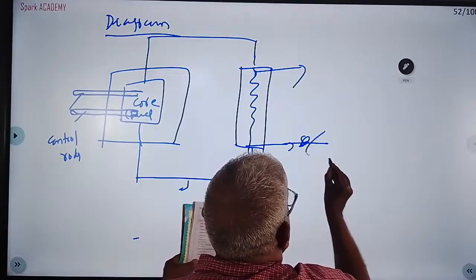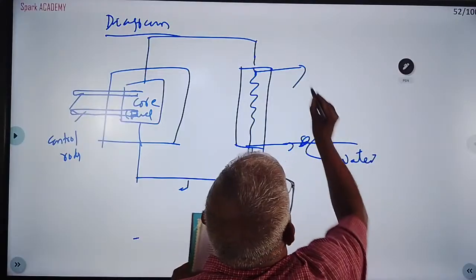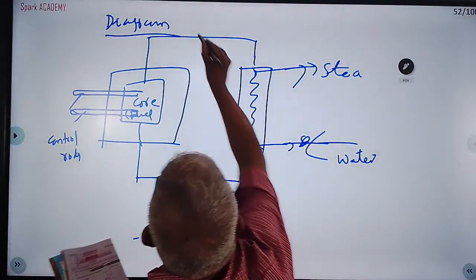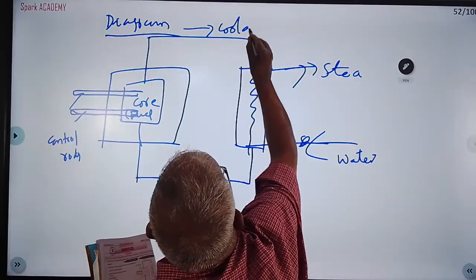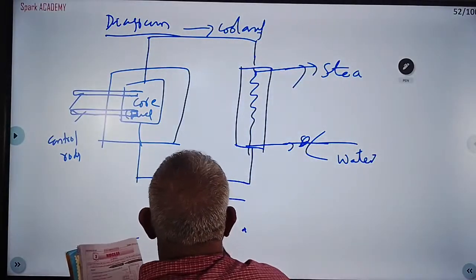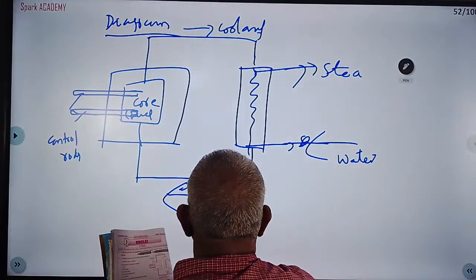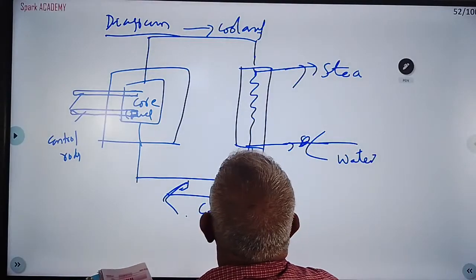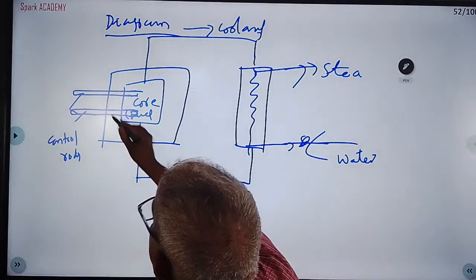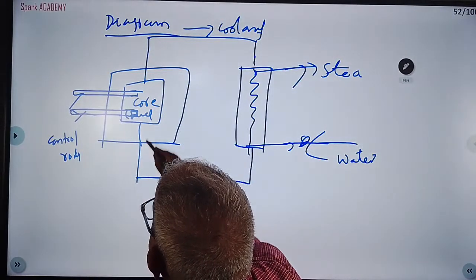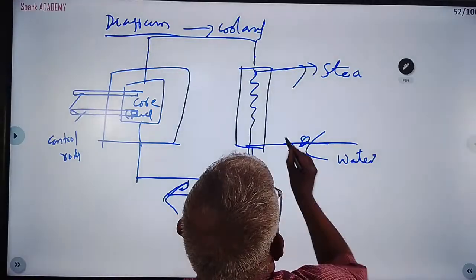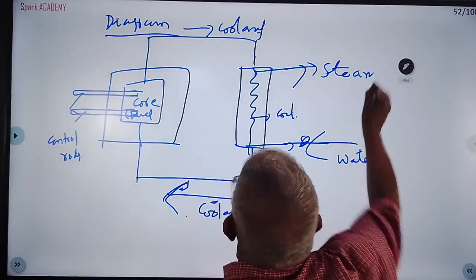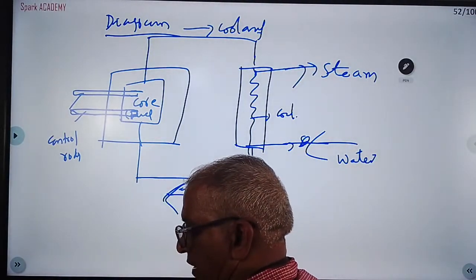Water inlet here, and steam comes out here. Here you supply the coolant, inlet and outlet. So this is the core with fuel, these are control rods, and the core contains moderator also. This is the coil, water comes in and steam comes out. This is the diagram of a nuclear reactor.